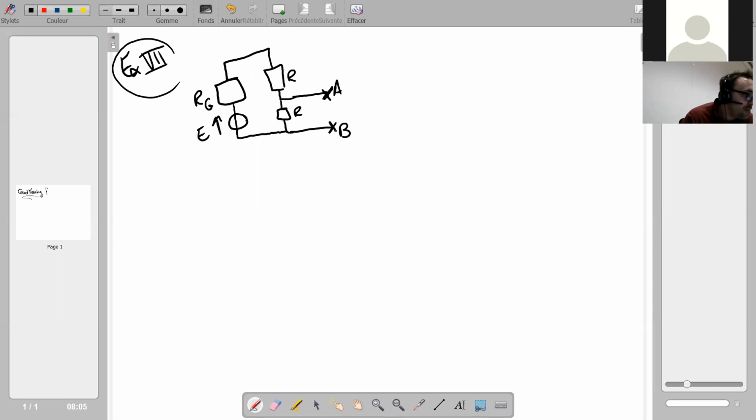So you can make the exercise once, by applying one of these theorems, and once you have at the very end your equivalence model, either Thevenin or Norton, you can switch from one to another. So I'll let you work on that, and I will just write down the result.